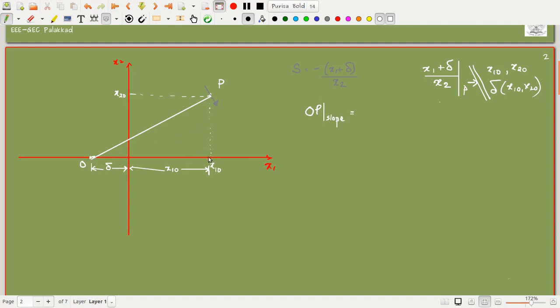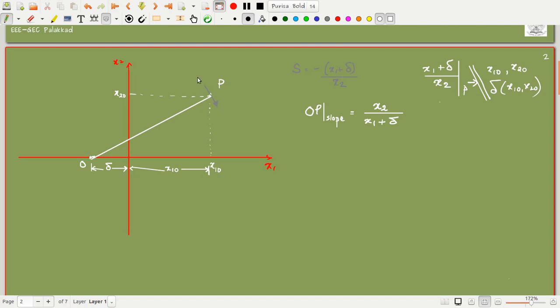What is dx2? It is x20, divided by x10 plus delta. So in general, I can write it as x2 divided by x1 plus delta, right? If I move this point anywhere, the slope is x2 divided by x1 plus delta. So it is in fact the negative reciprocal of the slope that we want of this line.